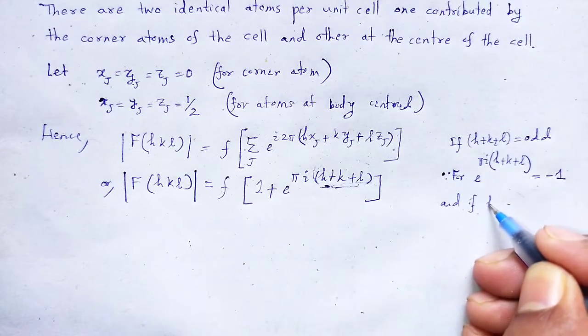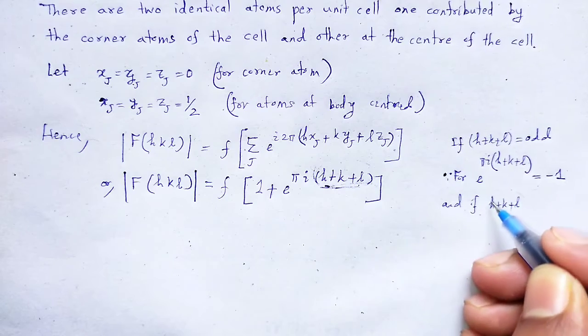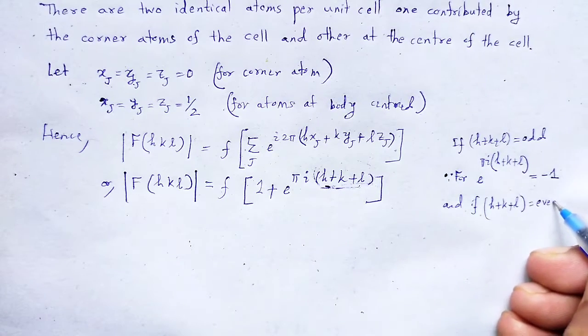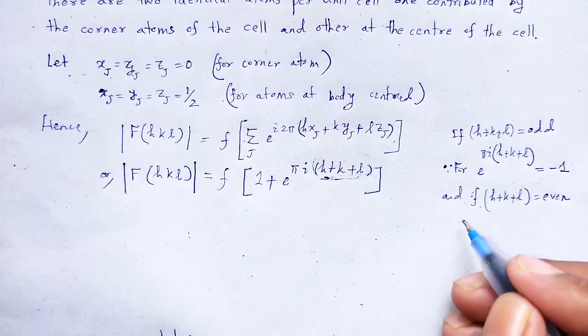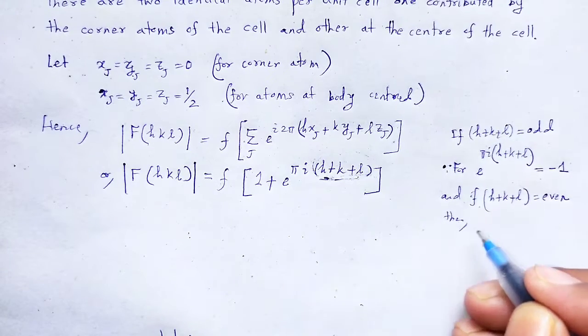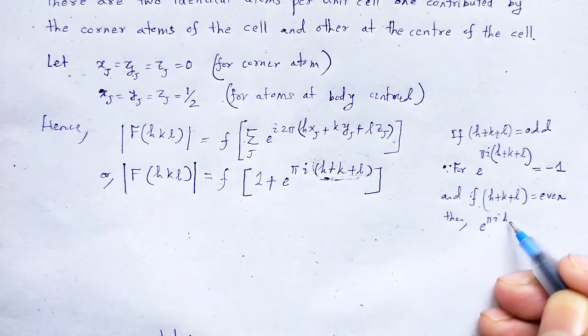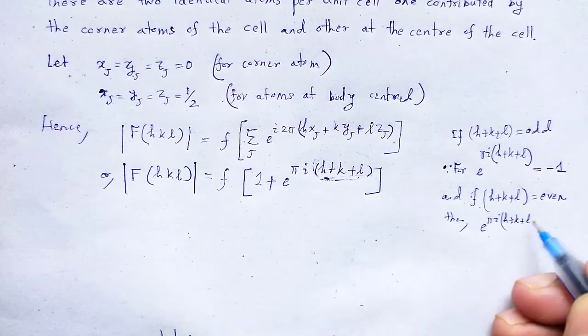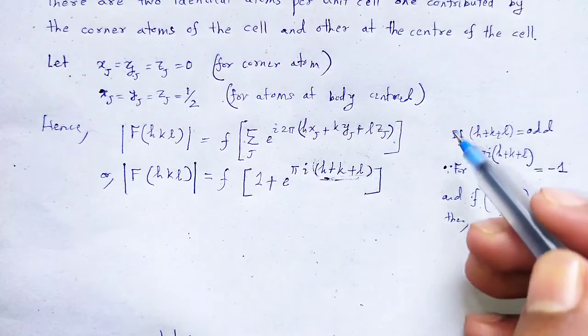And if h plus k plus l is an even integer, then e to the power pi i (h plus k plus l) is equal to 1.